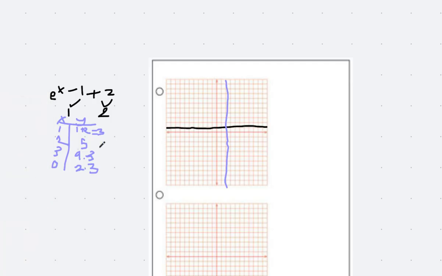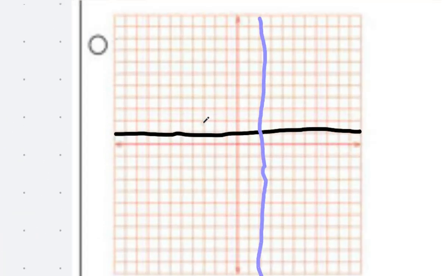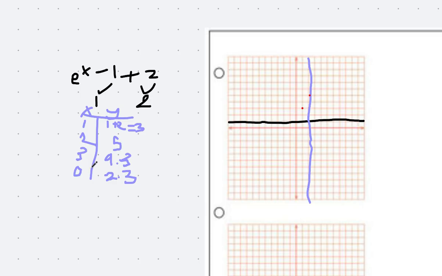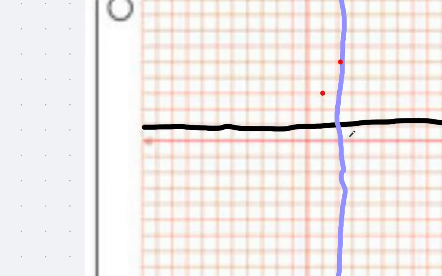So if it's 1, it's 3. 2 is 5, so 2 will be right here. 3 is 9.3, so we've got to go to 3, right here, at 9.3: 2, 4, 6, 8, 9.3 will be right there.